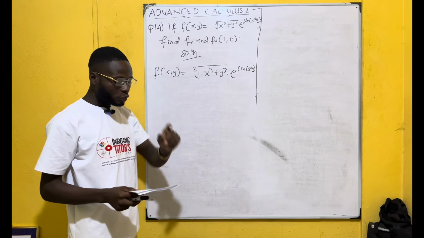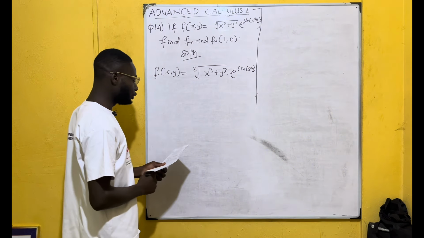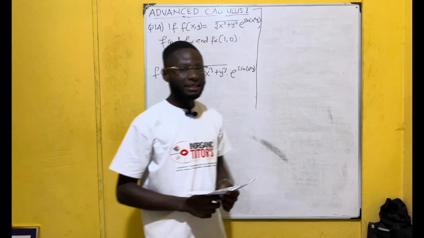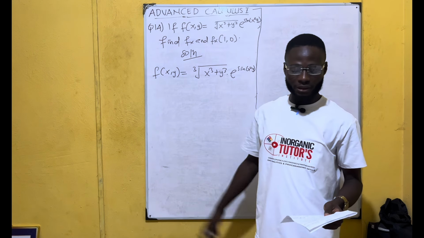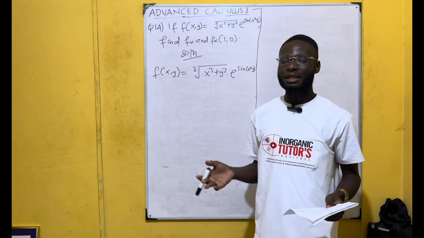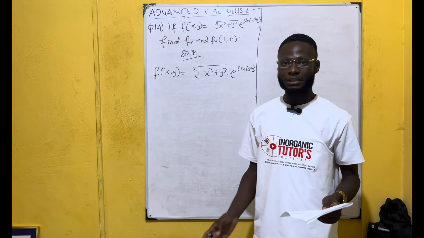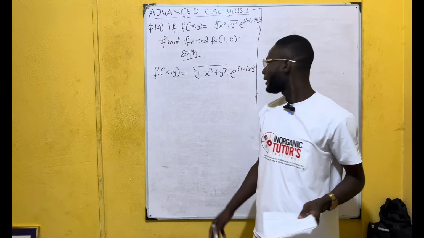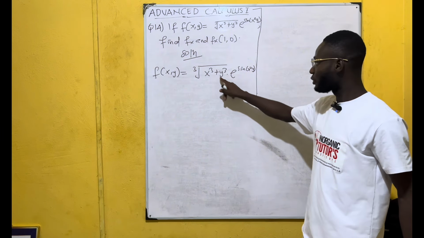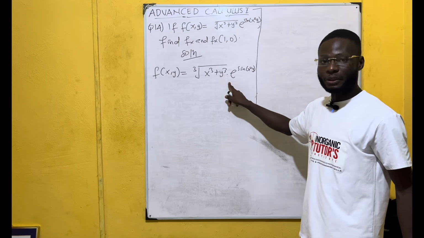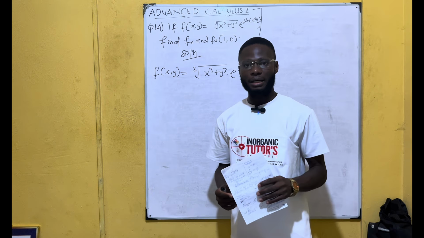X. So first of all, we have to identify the structure. Is this structure very easy to deal with, or is it going to go with the product rule or whatever? I want you to know that this will go with the product rule because we have two expressions that are stacked together, right?